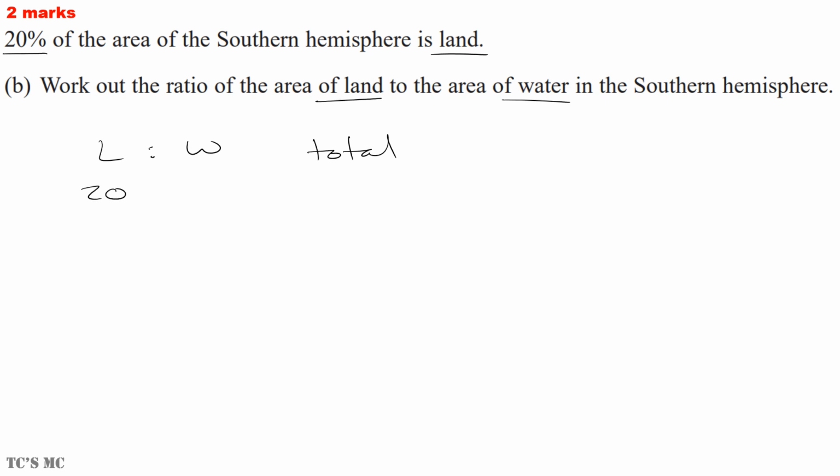We know that the total in a percentage is 100. To work out what the percentage of water would be, we need to do 100 subtract 20, and we get 80. For writing this, we have a mark. For writing 20 to 80, we now have a second mark.